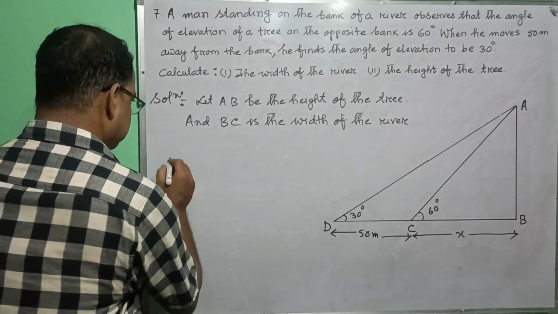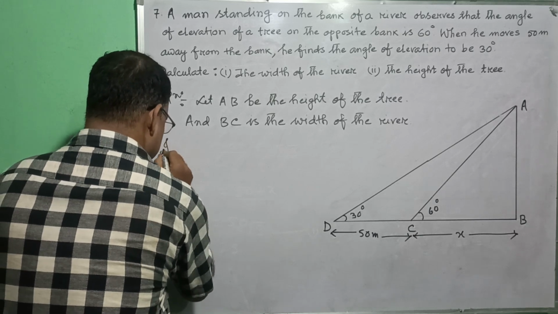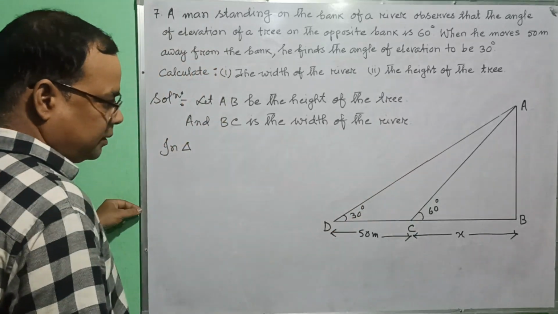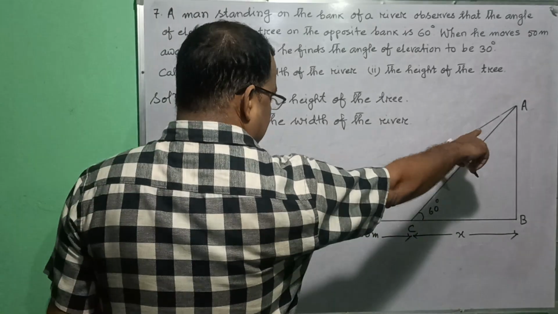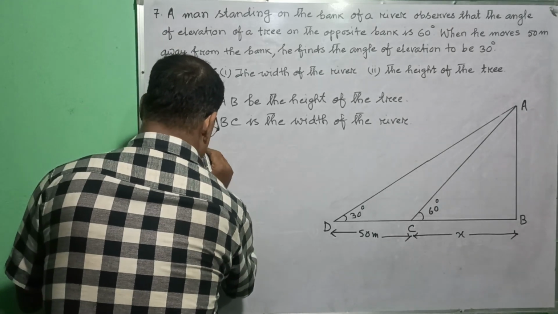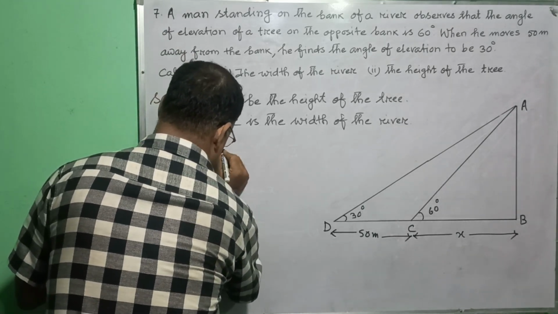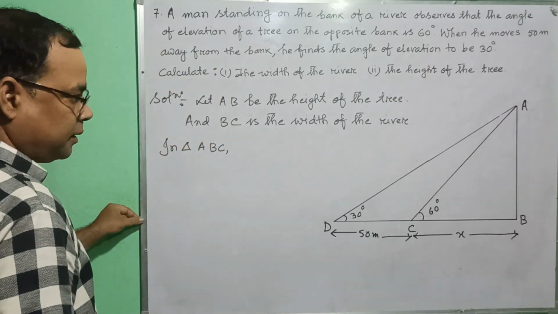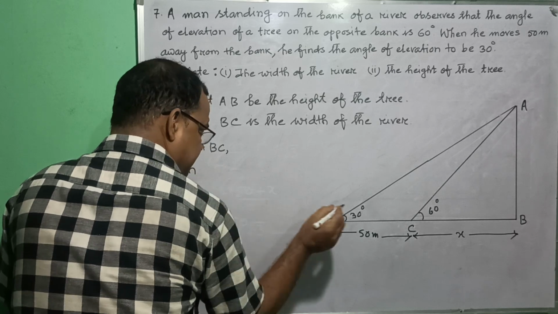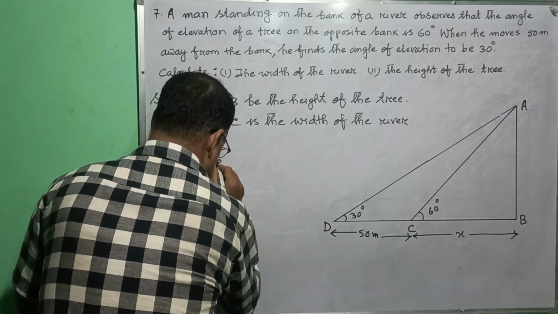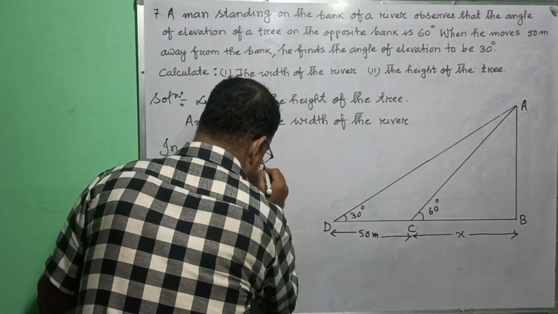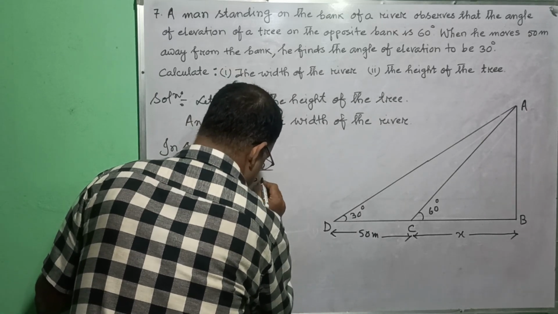Now we'll write in triangle. First we can choose the triangle ABC. So in triangle ABC, we'll write tan 60 degrees equals AB by BC.